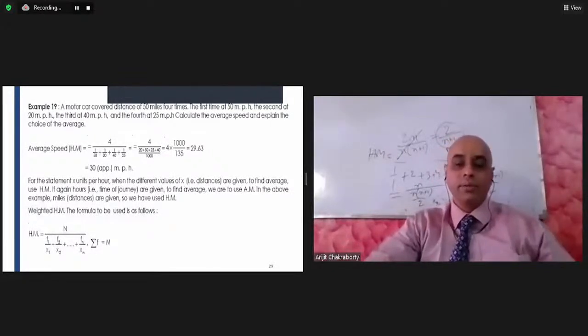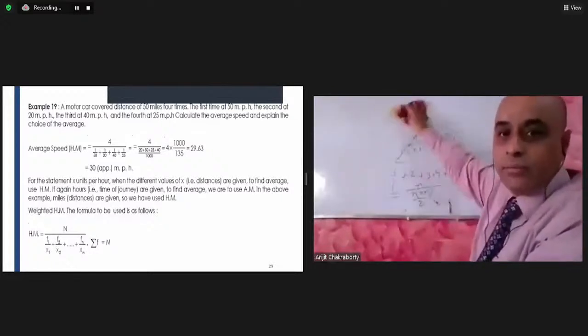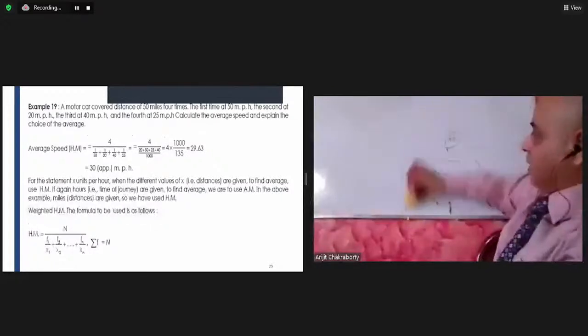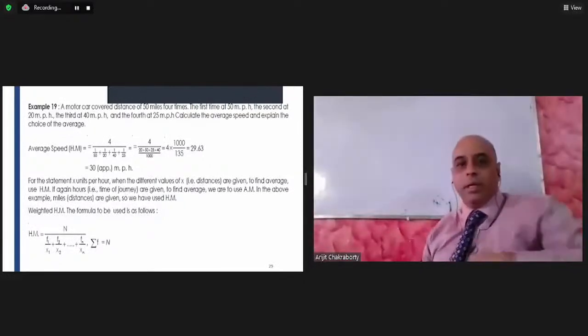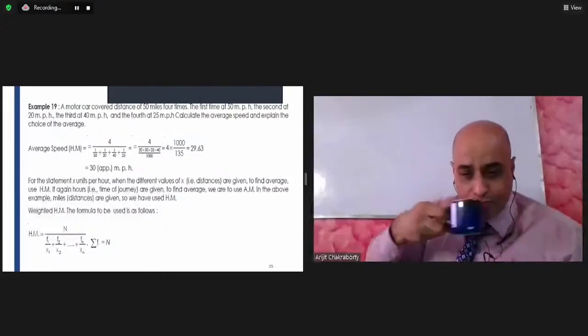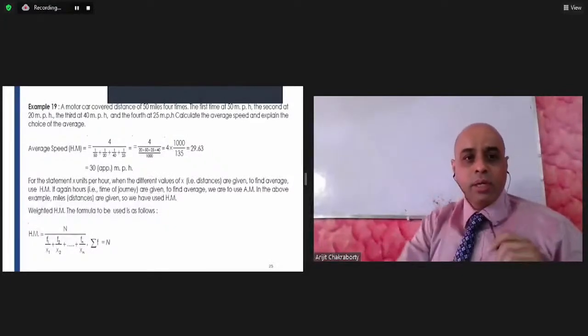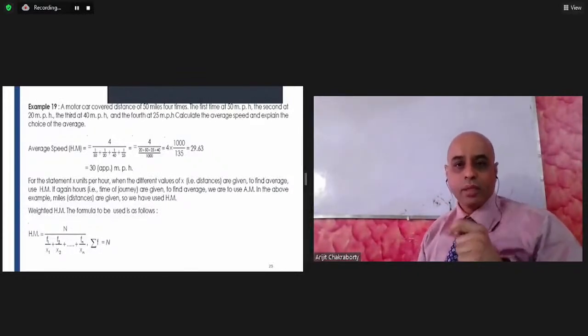So when you are getting this question number 19, a car is traveling 50 miles. It is covering 4 laps of 50 miles each. The first time the speed is 50 miles per hour. Second time the speed is 20 miles per hour. The third time it is 40 and the fourth is 25 miles an hour. So it is like this.